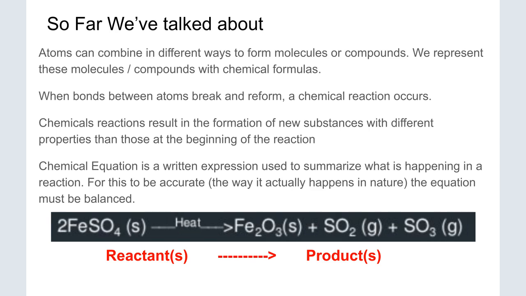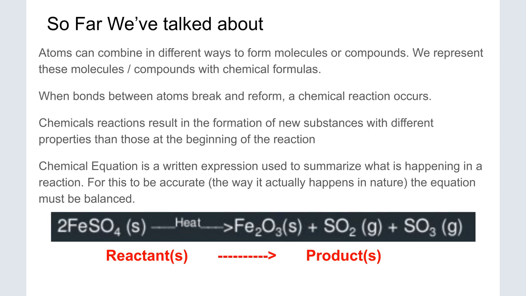We represent these molecules or compounds with chemical formulas. When bonds between atoms break and reform, a chemical reaction occurs. Chemical reactions result in the formation of new substances with different properties than those at the beginning of the reaction.